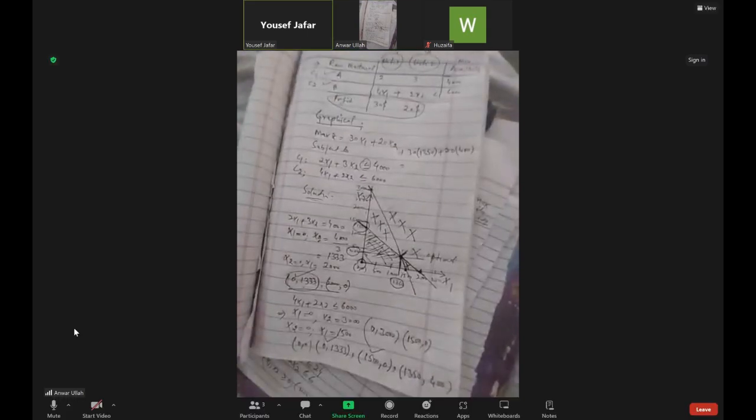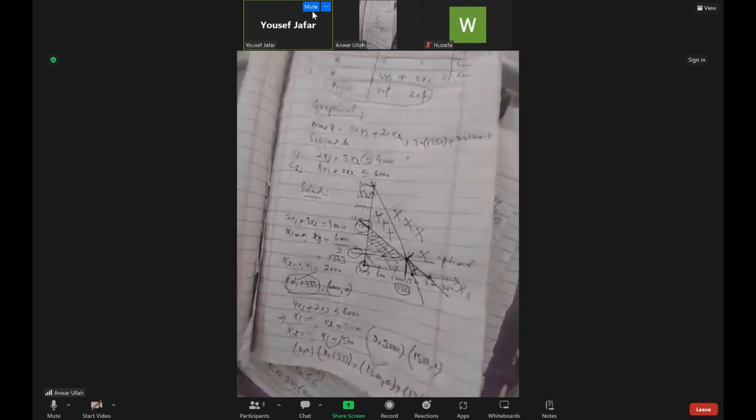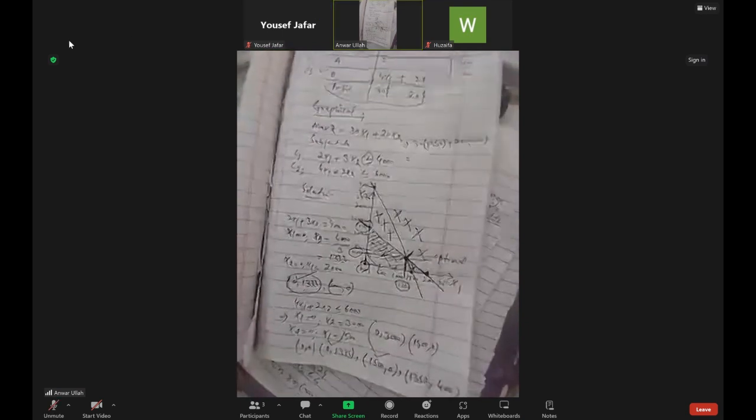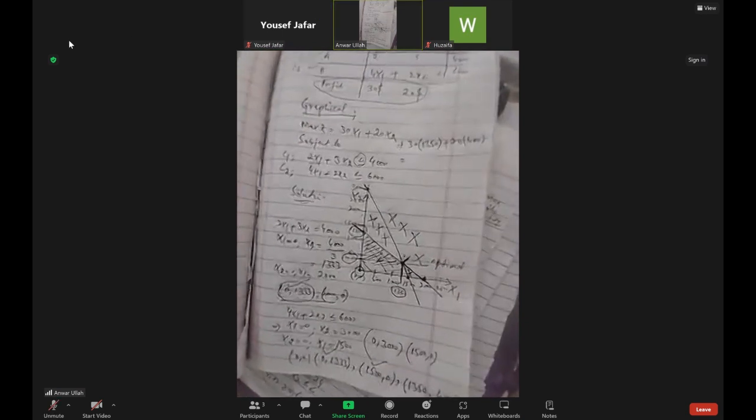X1 is equal to 1350 and x2 is equal to 400. So this is the optimal solution. When x1 is produced, the high phi 1 is produced in quantity of 1350 and the high phi 2 is produced 400 in quantity.